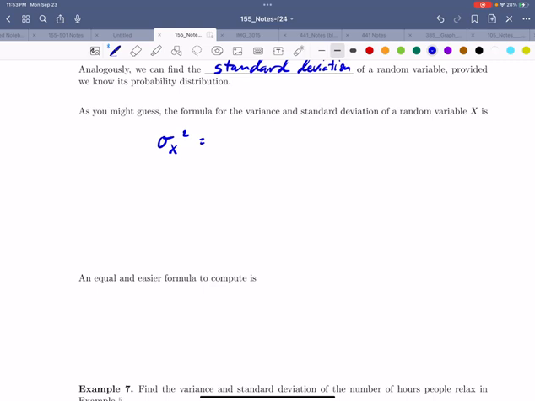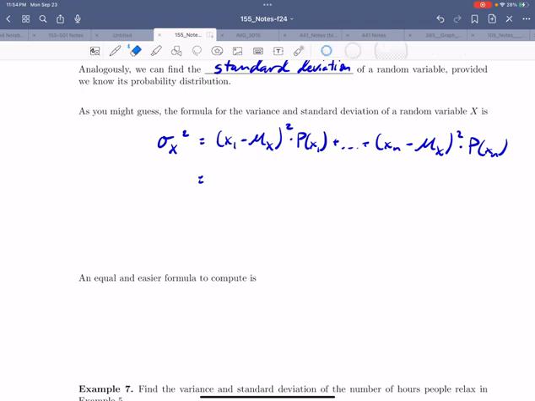And this is going to be x1 minus mu x squared times p of x1, the probability of x1, plus blah, blah, blah, plus xn minus mu x squared times the probability of xn. And then you might see this written as the sum of x minus mu x squared p of x. Just to be clear, this is a big X, and that was small x.